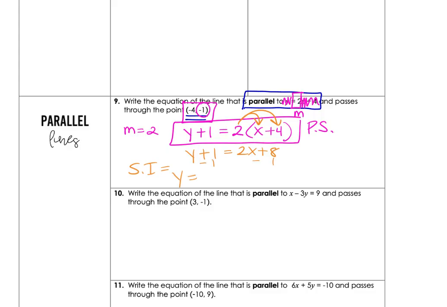So y equals 2x plus 7. Okay, so if we say we want them to be parallel, just remember, we want the same slope. So we take the slope of 2 from the line, we keep that slope the same, and we plug it into point slope.